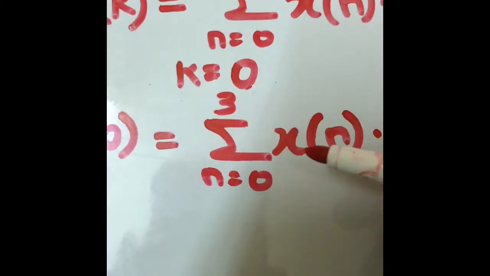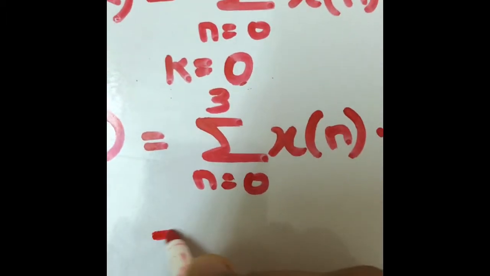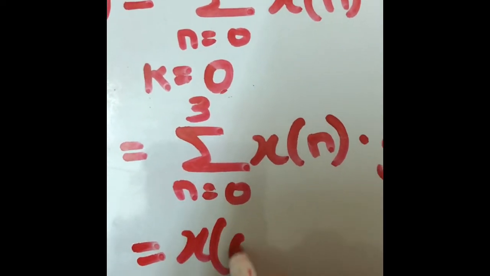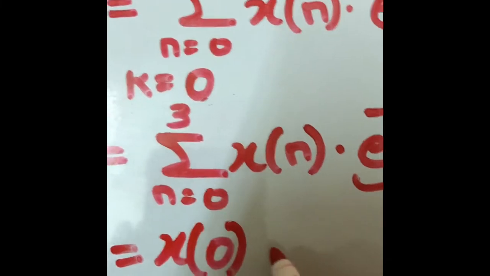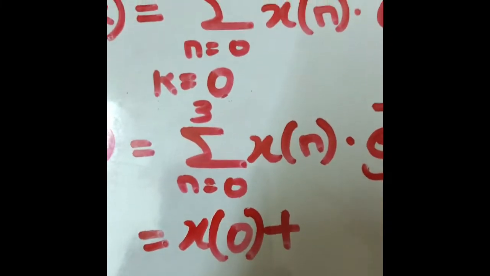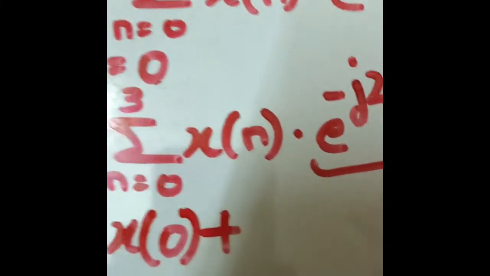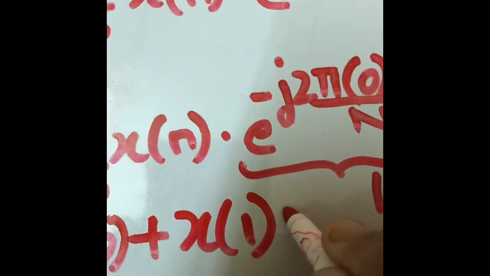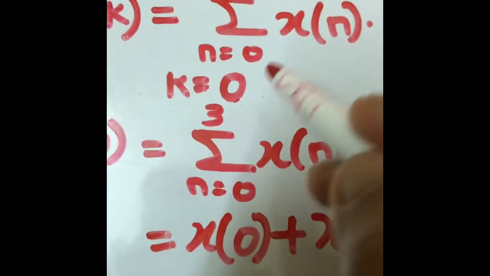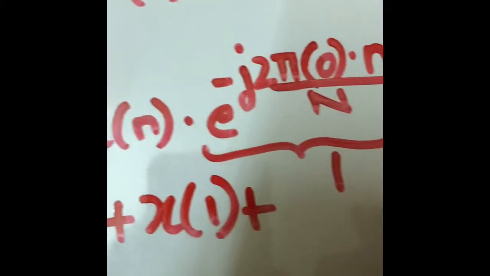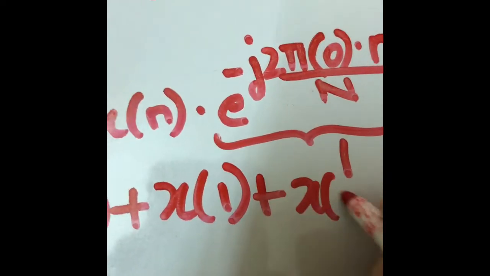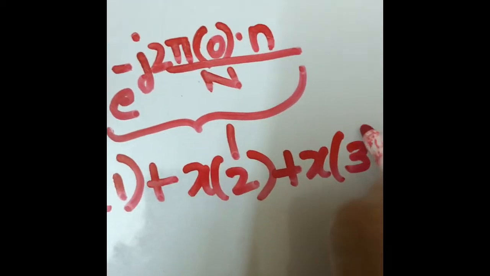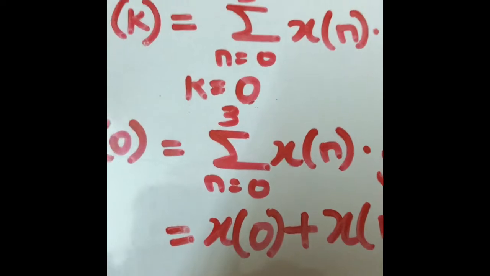Now let us open up this summation. So first for n is equal to 0, it will be x of 0, then plus, increment the value of n, so now it will be x of 1, then plus, increment again the value of n, so now it will be x of 2, plus x of 3. What is x of 0?